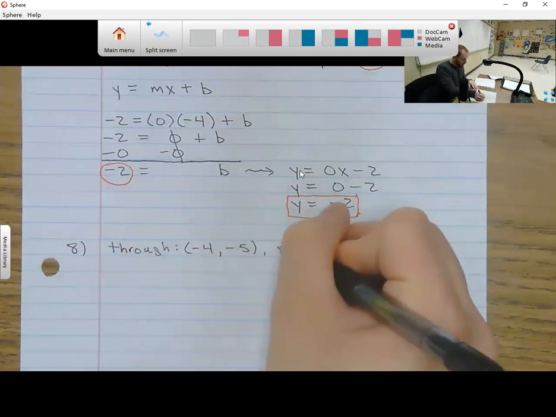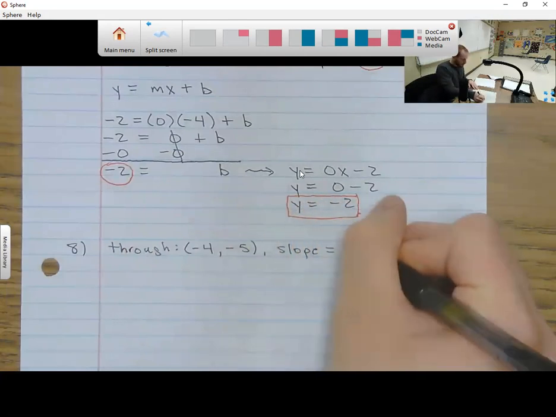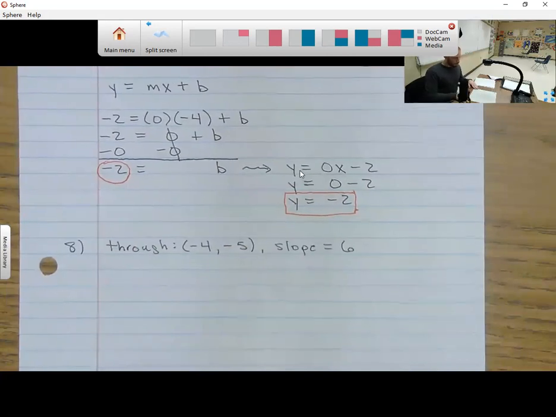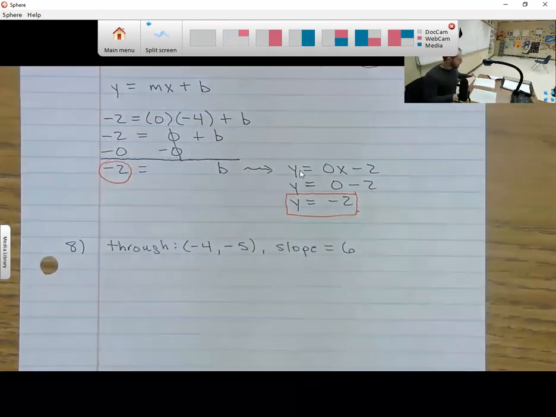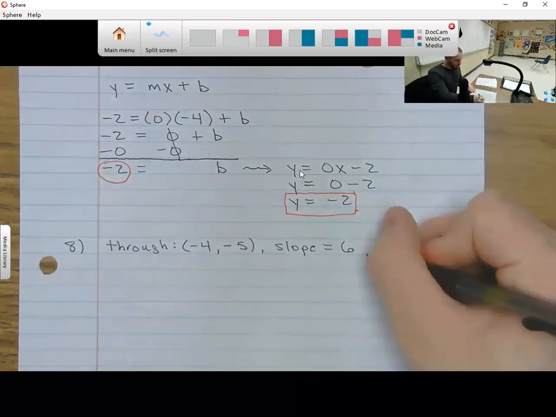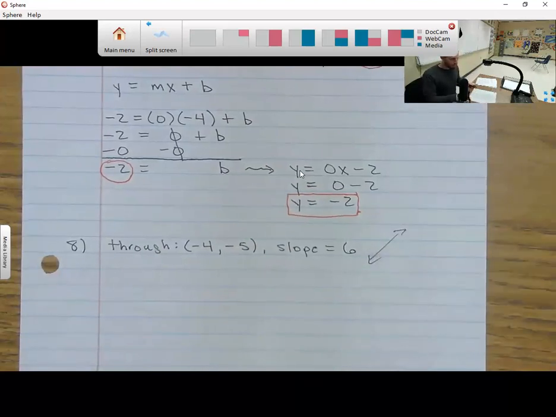And the slope is going to be 6. So if the slope is 6, I know right offhand that the slope is going to be pretty high. So the line is going to be kind of steep, right? It's still going to be a positive slope, but it's going to be a kind of steep line.